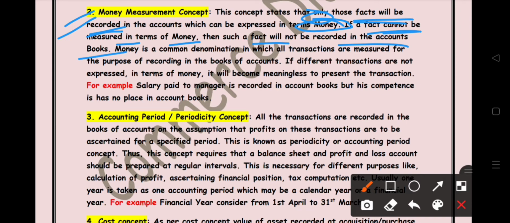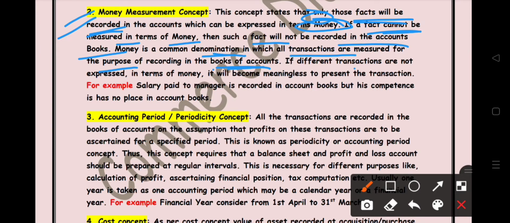As the name suggests, in the money measurement concept we will record only the monetary items in the books of account of our business. Non-monetary transactions or non-monetary activity we will not record in the books of account. Money is a common denominator in which all the transactions are measured for the purpose of recording in the books of account.